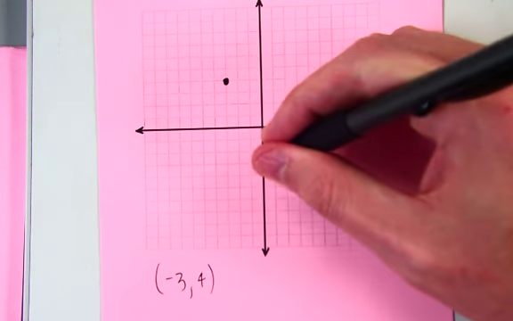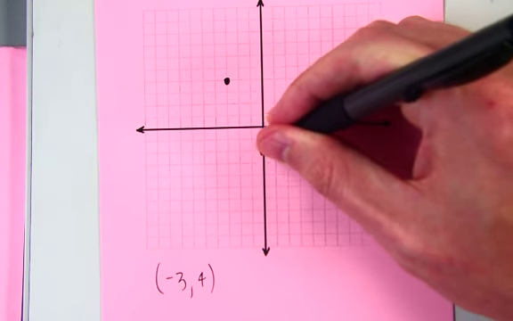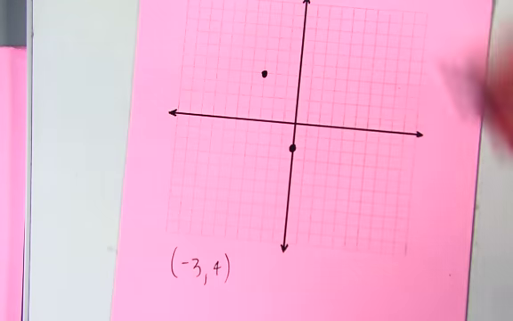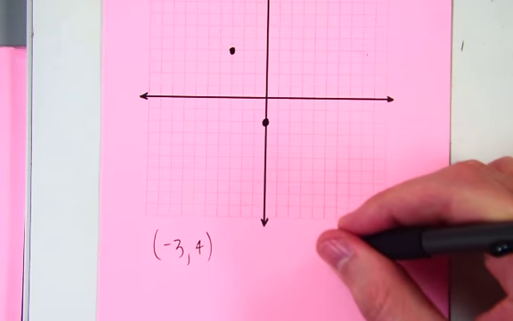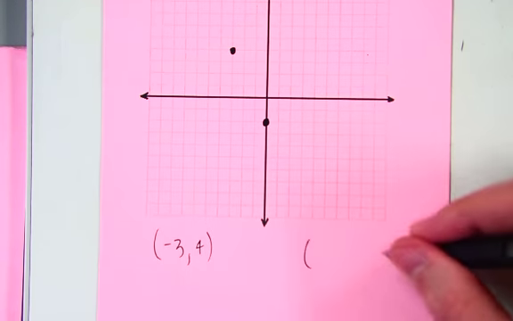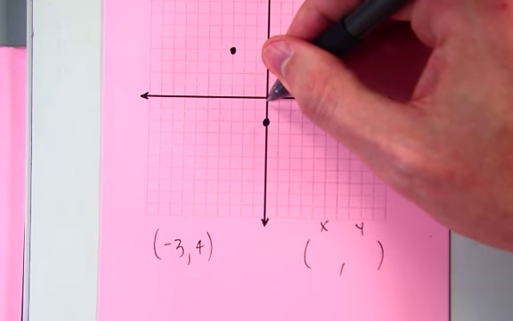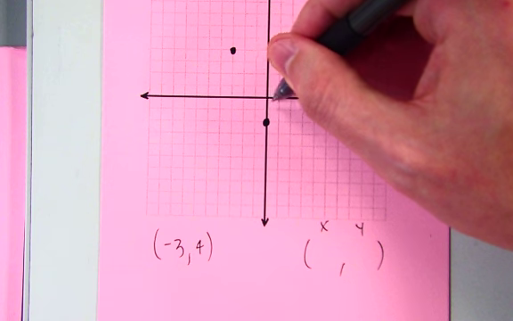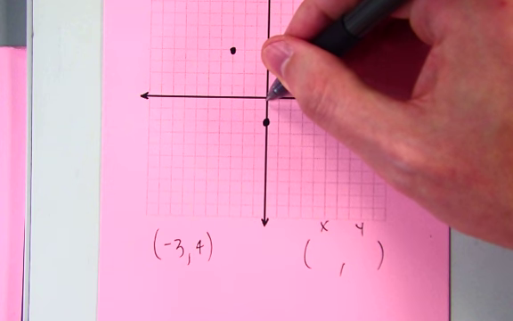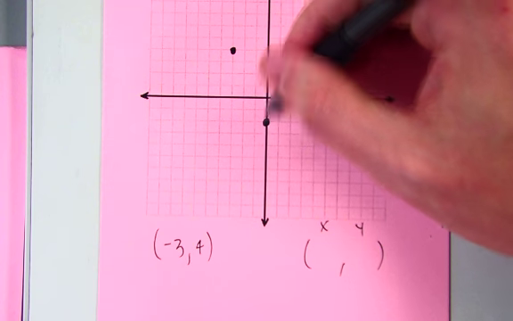Say I do something like this down here. It's important that you think about doing these things in the right order. We always do x comma y, right? We want to keep that in mind. X first, y second. So when we're doing the x, we want to think about how far right or left did we go to get to that point. And we didn't go right or left at all, did we? We just went down.